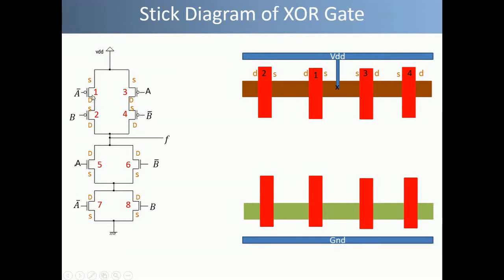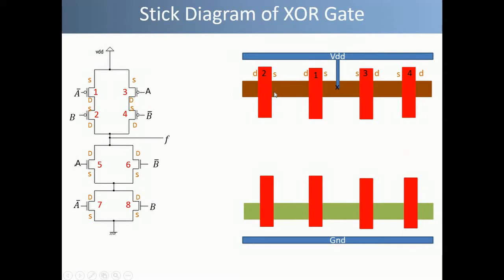Similarly, the drain terminal of transistor 1 in the schematic is connected to the source terminal of transistor 2, and in the stick diagram we have already connected them by extending the P plus diffusion region. In the same manner, the drain terminal of transistor 3 is connected to the source terminal of transistor 4, which we have connected by extending the P plus diffusion region over here.